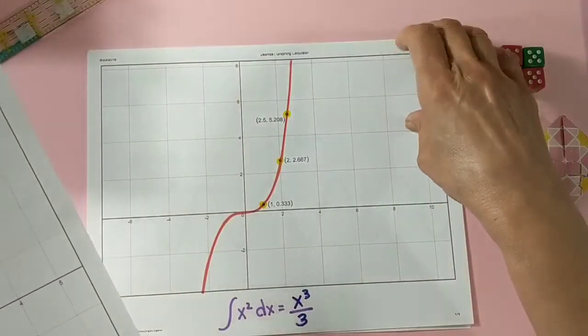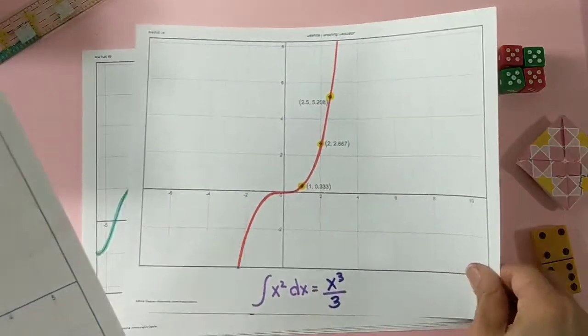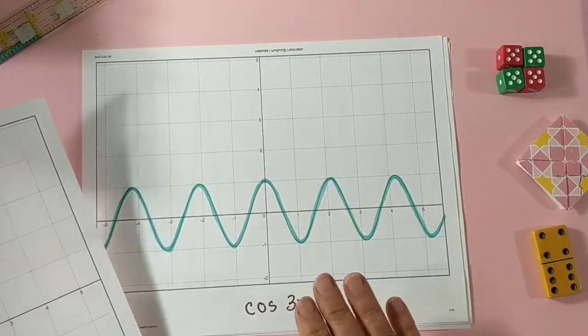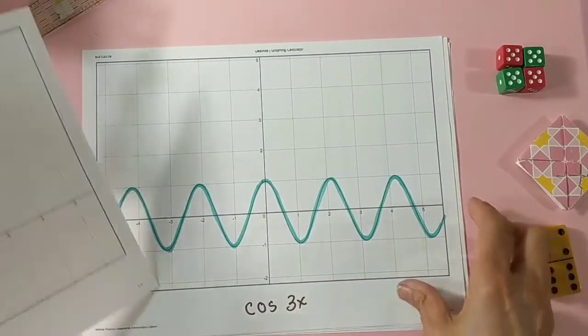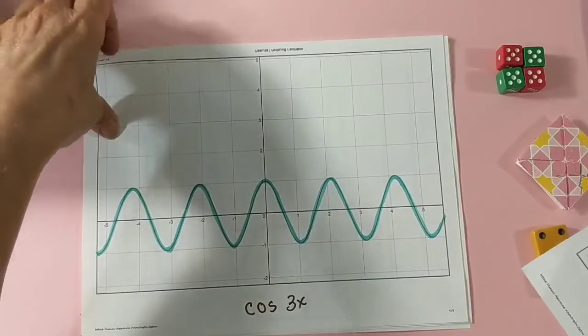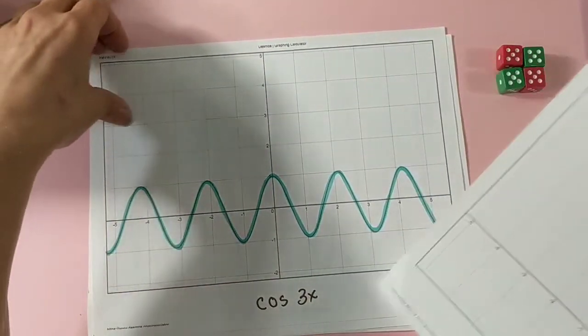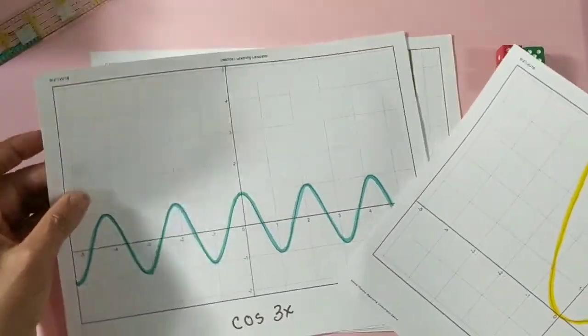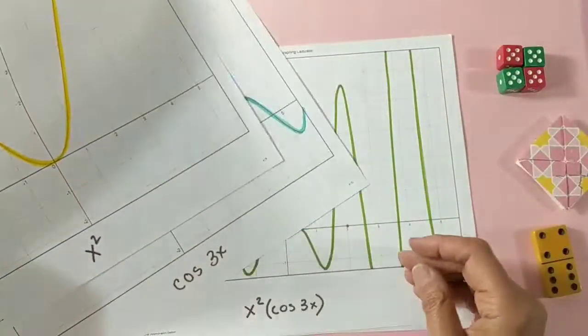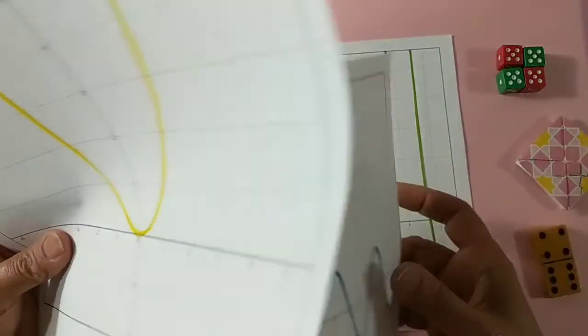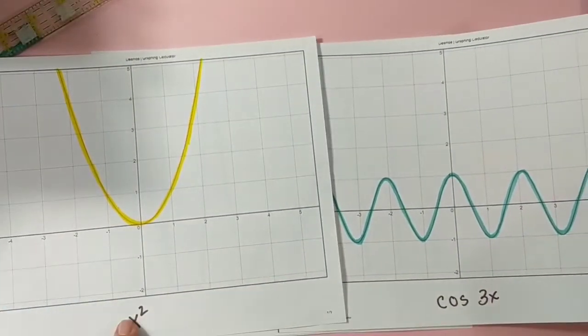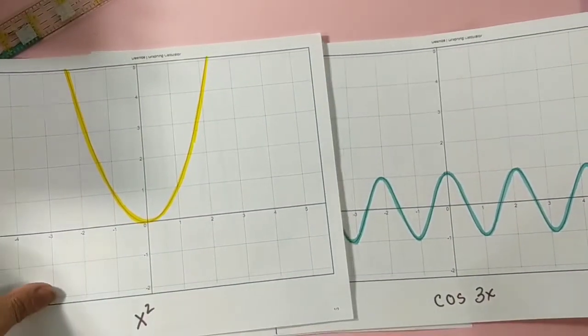There's just lots and lots of functions that have their own area formula. Here's another one. It's pretty easy to figure out the area formula. This cosine has its own area formula, and then you can figure it out from the 3x. But what doesn't have its own formula is when we do something like multiply x squared times cosine 3x.